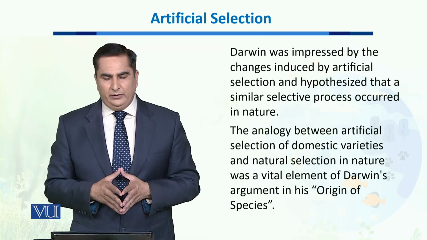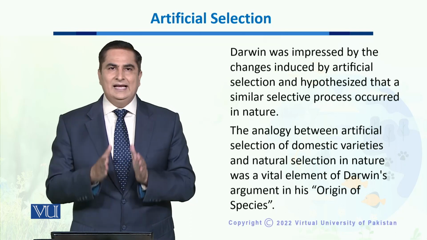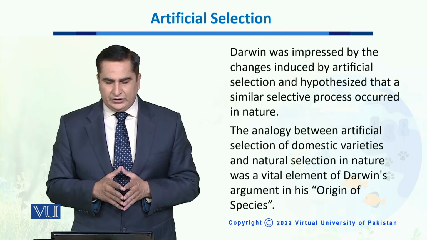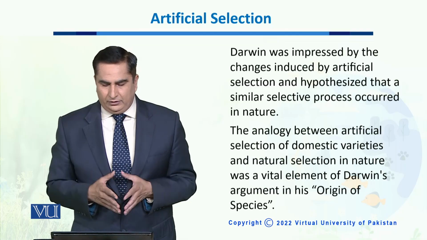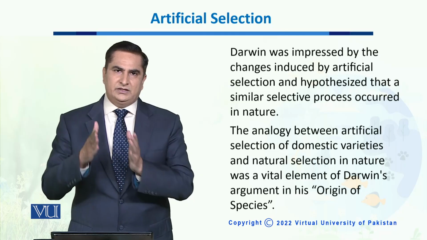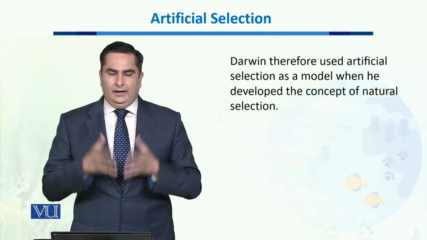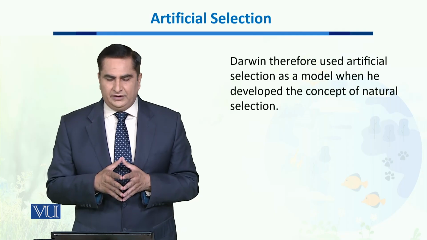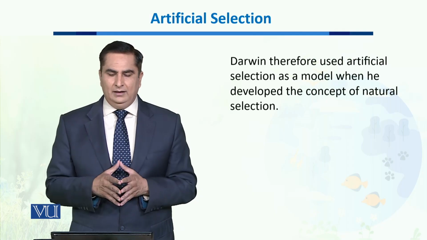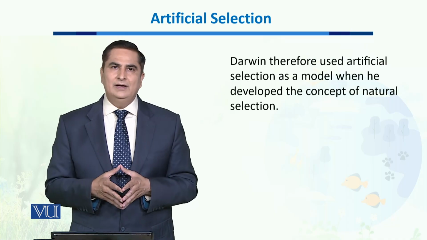This analogy between artificial selection of domestic varieties and natural selection in nature was a vital element of Darwin's argument in his famous book, Origin of Species. Darwin therefore used artificial selection as a model when he developed this important point of his theory of evolution.